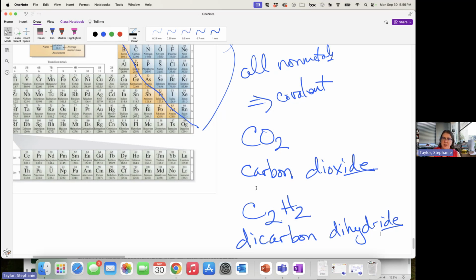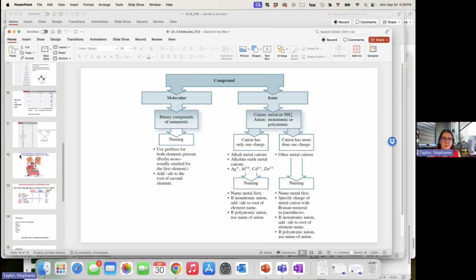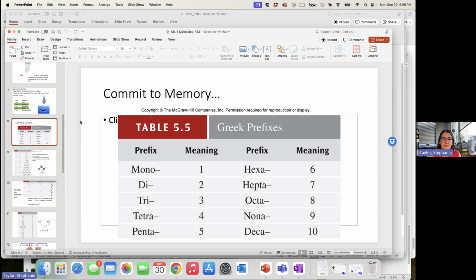There is a list of Greek prefixes to memorize. You're memorizing 1 through 10. But in Greek, you've probably seen a startling large number of these before. Mono, di, tri, tetra, penta, hexa, hepta, octa, nona, deca. I mentioned earlier that I've been teaching this class for over a decade.